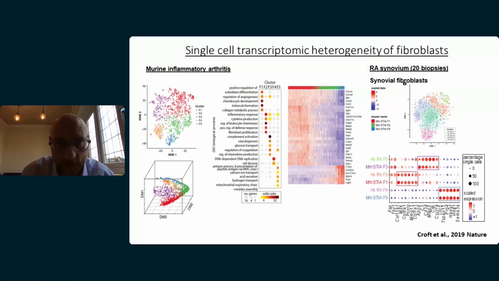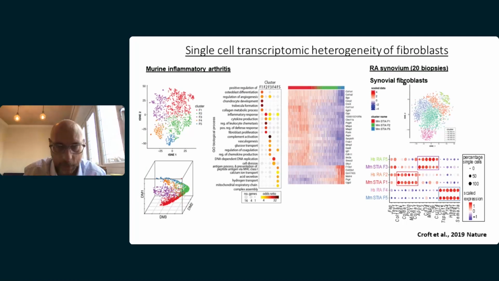We also had access to synovial biopsies from RA patients, so we were able to perform the same analysis, but importantly then cross-compare those two data sets to show that it collapsed down into 3 key populations that were shared in mouse and human, 2 in the sublining tissue and 1 in the lining layer tissue, sharing that transcriptomically distinct function that had a functional significance.